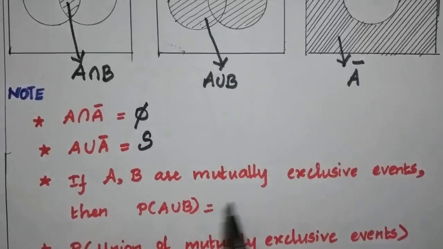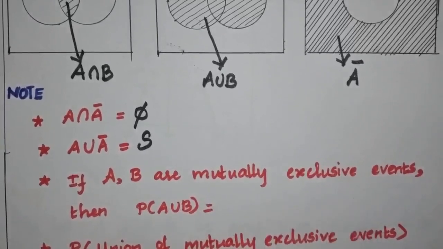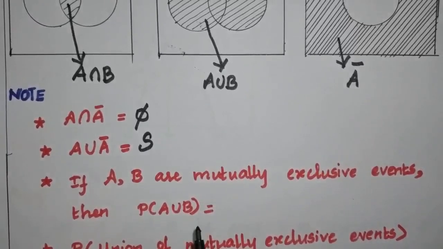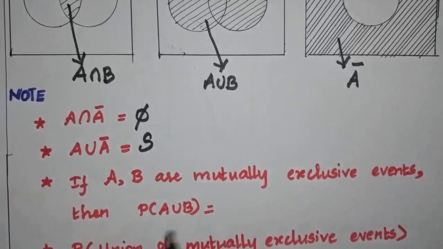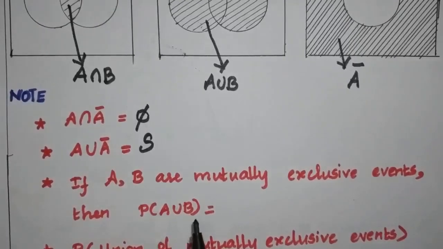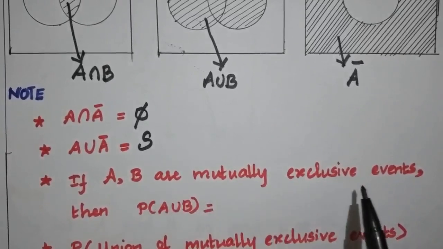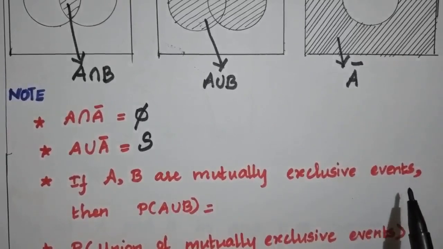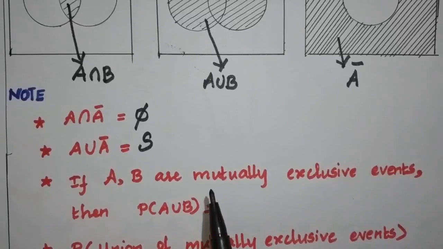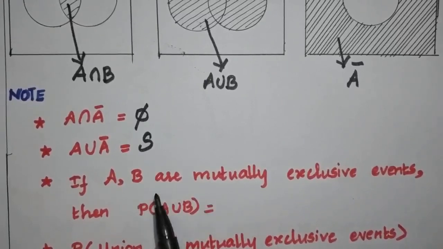If A and B are mutually exclusive events, then P of A union B is equal to dash. So how will you find the value of P of A union B? A and B are mutually exclusive events, which means that there are no common sample points between these two events. What will be the intersection value then?